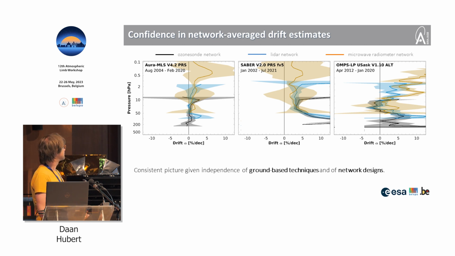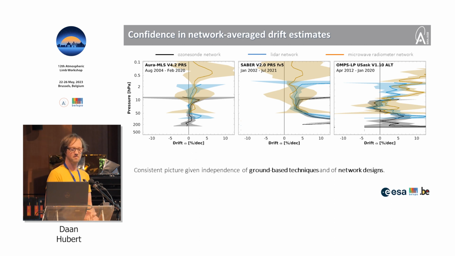Error bars are 2 sigma, and you can see that there's quite good agreement, even though I use tens of sonde sites for this particular analysis, and for the radiometers, I use 2 to 3 sites in this mean average. Still, results agree quantitatively. Also, the vertical structure agrees very well.